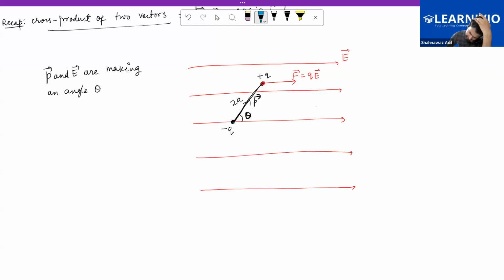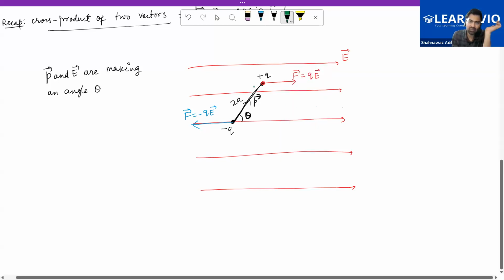It's left, because this is a negative charge, so the force is in the opposite direction. This is F, which is minus QE. So one force is in the right direction, the other in the left direction, acting in different directions. They have equal magnitudes, so this will act as a couple.